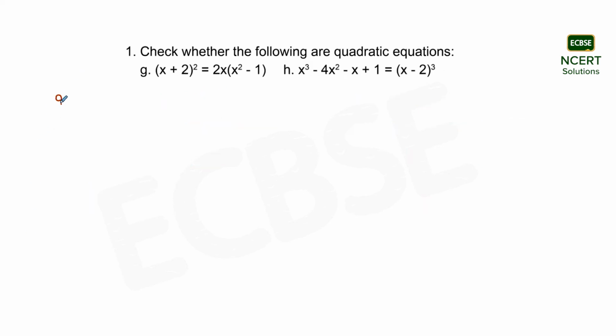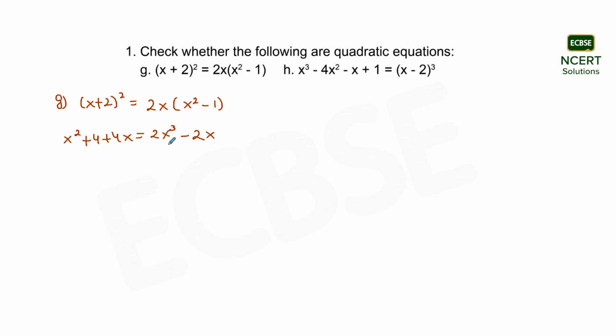Okay, now coming to the g part, here the equation being provided is (x plus 2) whole square plus 2x into x square minus 1. So simplifying it, I'll be getting the equation x square plus 4 plus 4x, which is equals to 2x cube minus 2x.